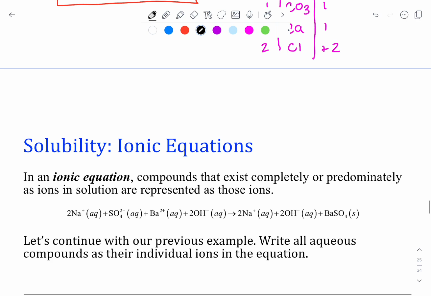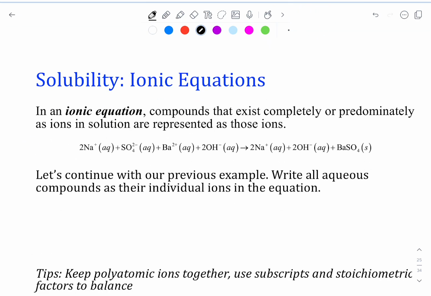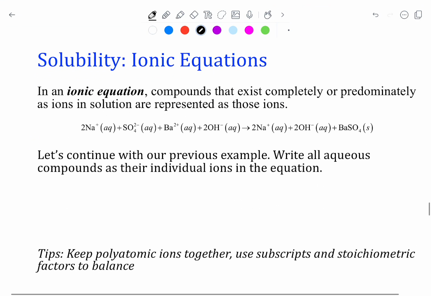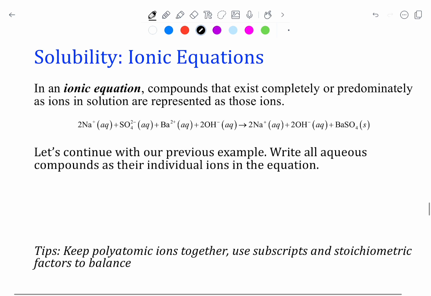Okay, so our next step to our solubility equations and our precipitation reactions is writing the ionic equations. So in an ionic equation, compounds that exist completely or predominantly as ions in solution are represented as those ions.